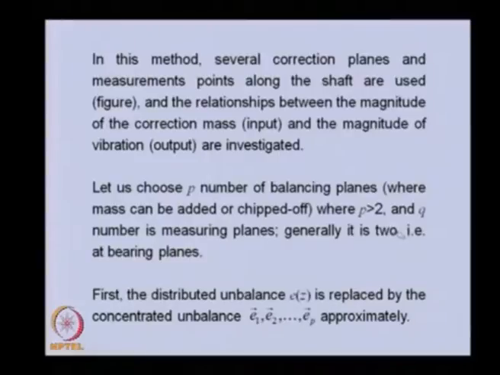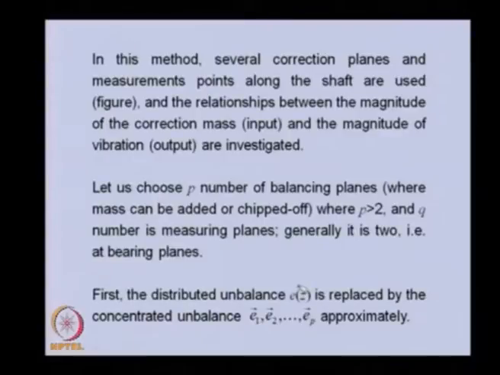That means for a simply supported shaft we will have only 2 measuring planes to measure the vibration. But in general, if there is a multi-support rotor system, then we can have more access to the vibration response.